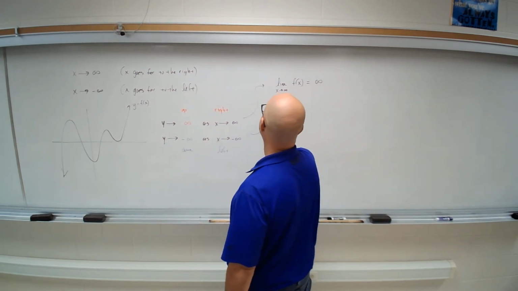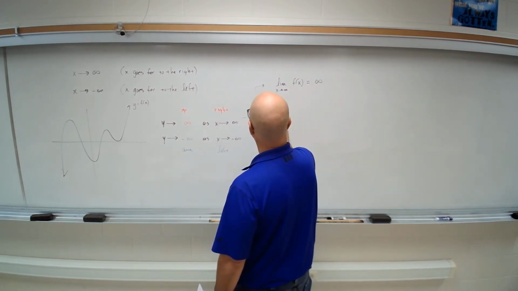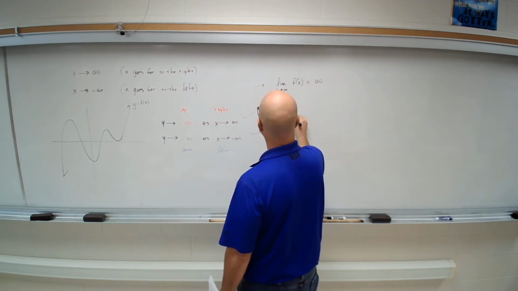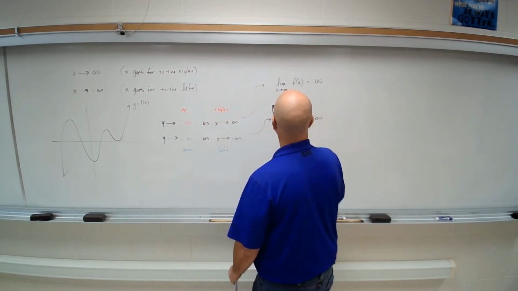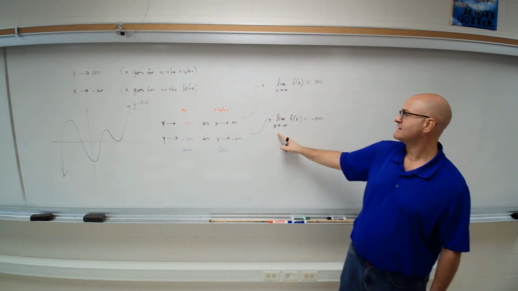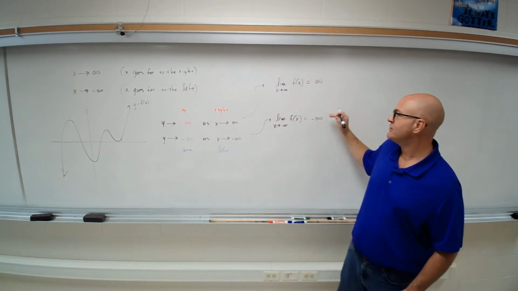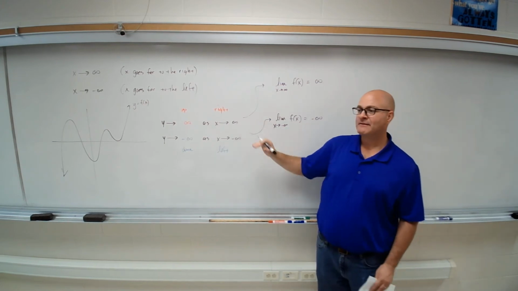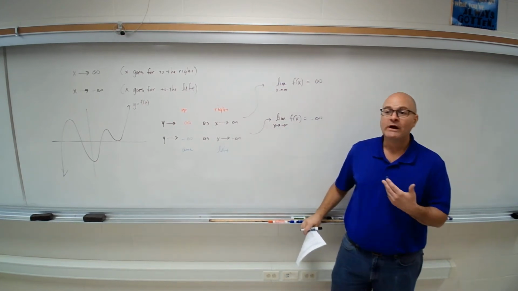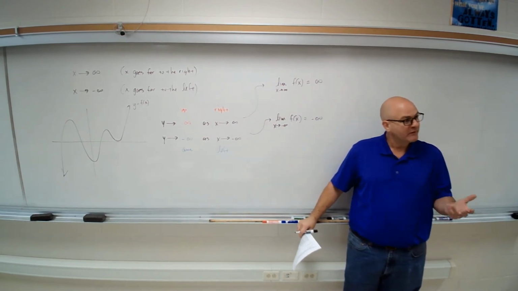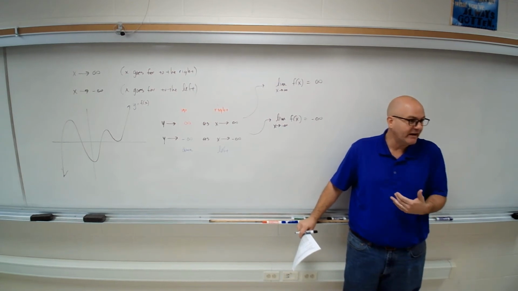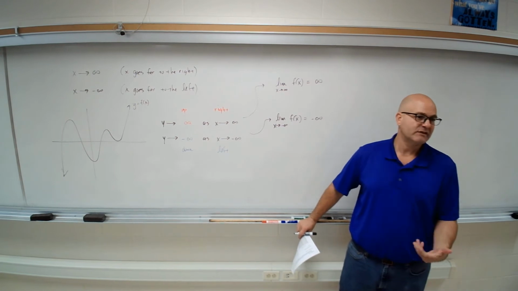Where when we use the limit notation, as x approaches negative infinity of f of x, so the limit of f of x as x approaches negative infinity is negative infinity. So these two statements say the same exact thing as those two statements. We need to be able to understand both of them, just like interval notation and inequalities. They're sort of interchangeable. You'll see them both. Just different ways of writing.